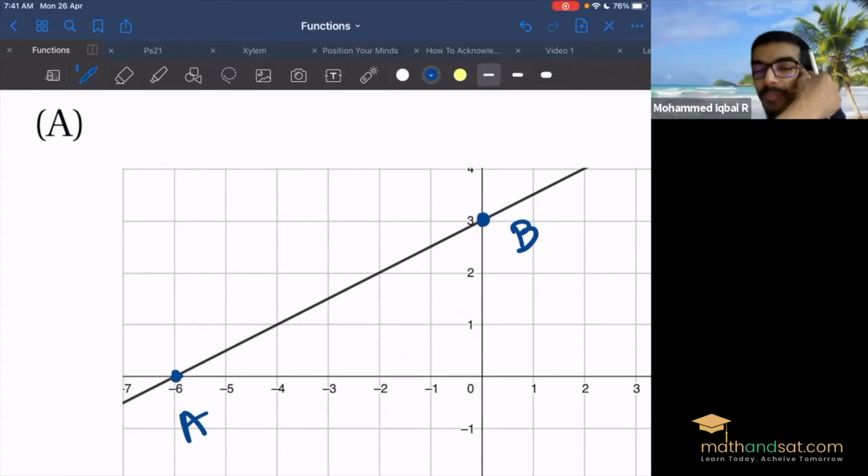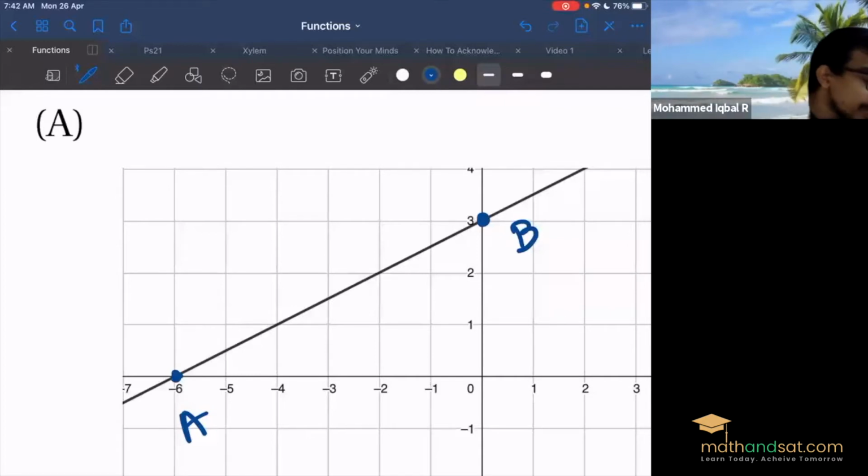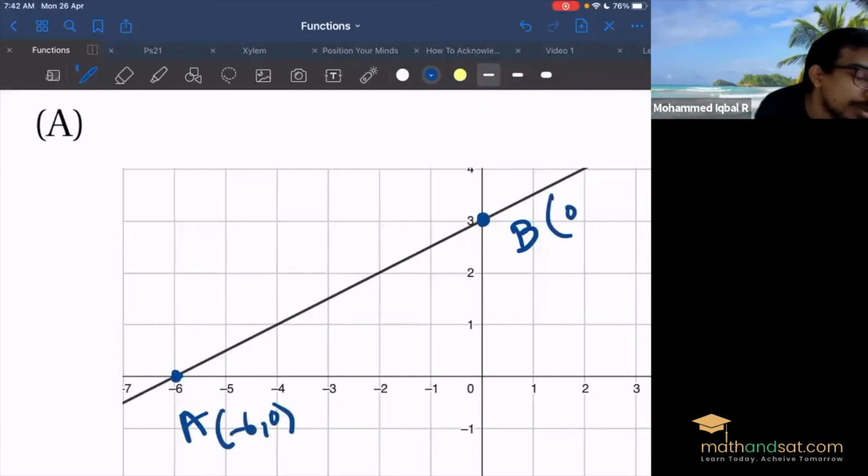The y value of A was 0, and the y value of B is 3. So when you go from A to B, the change in y value is 3. Point A is on the x-axis, it's (-6, 0), and B is (0, 3).